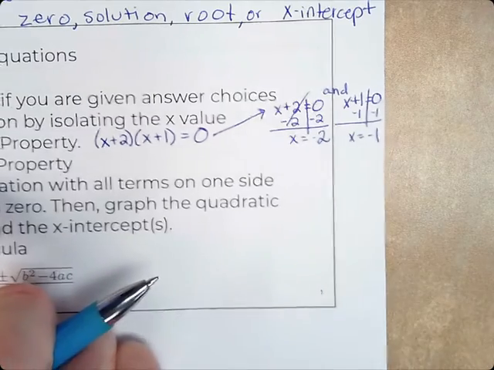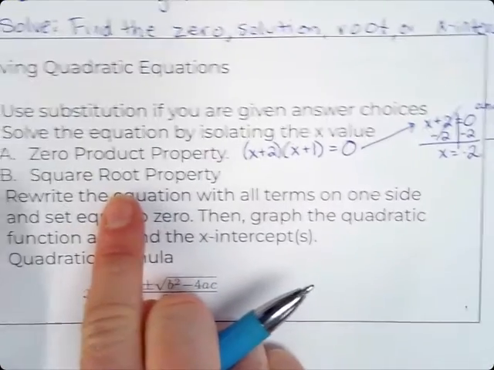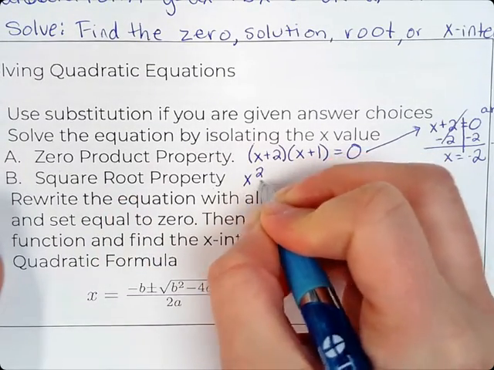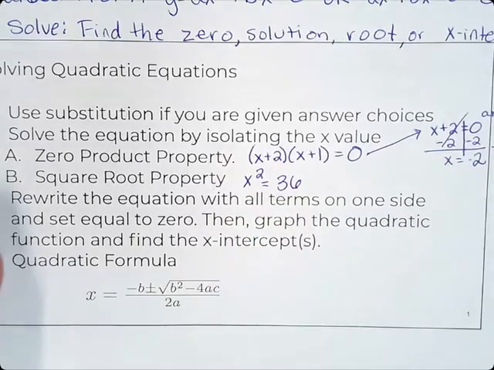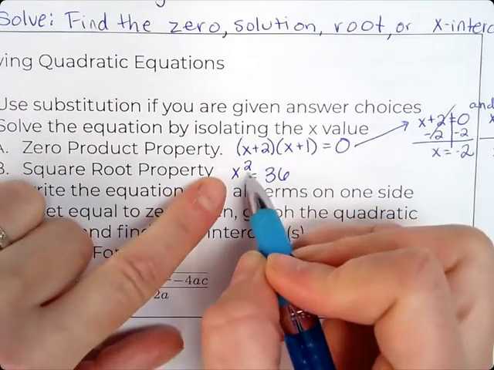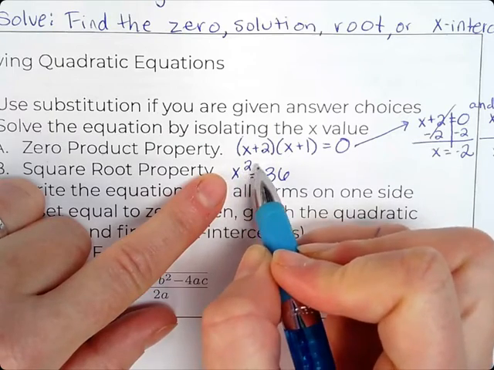Okay, the other one is the square root property. If we have x squared equals 36, then we can solve that by looking for what number squared gives us 36. 6. So what we're really doing is we're undoing that squared.